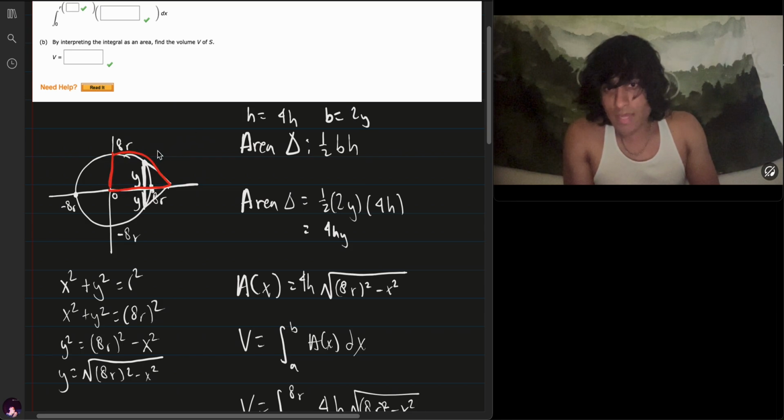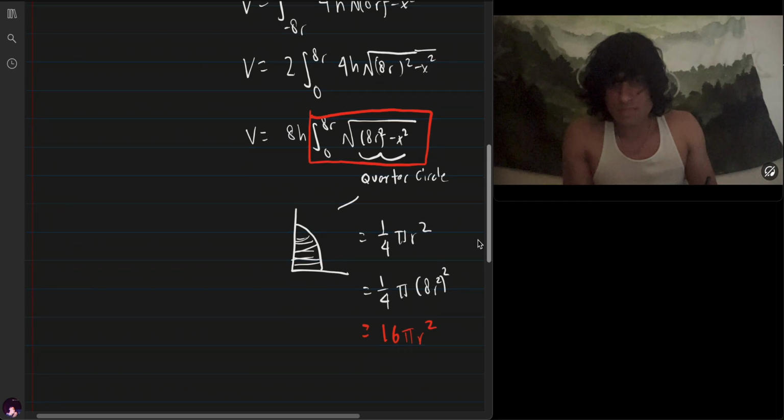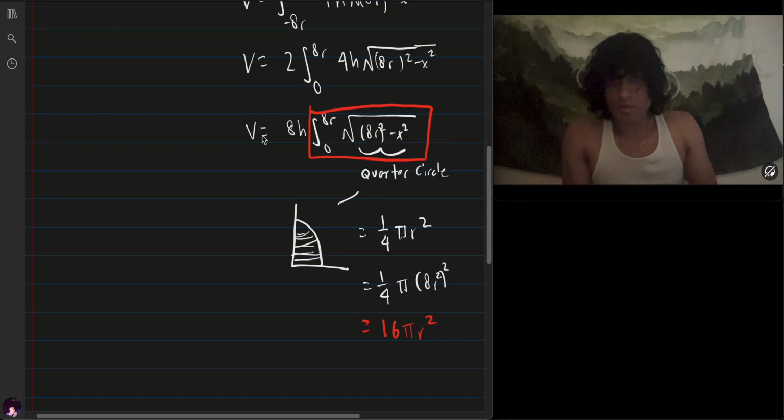We don't have to do any kind of integration rules. We just know, by geometry and honestly just ninth grade math, that we can take the quarter of a circle area and find this. So this is 16 pi r squared.